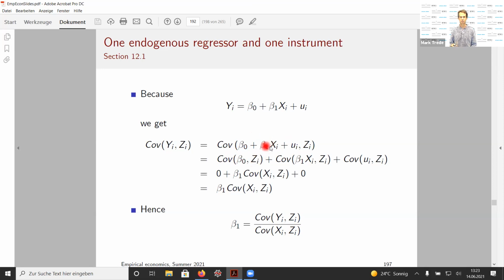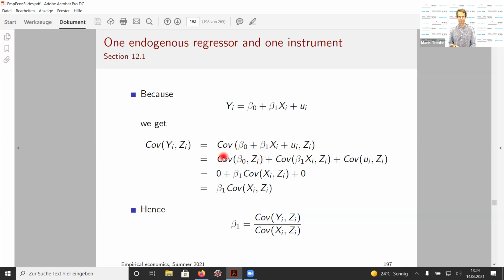Then the covariance between the second summand and the instrument, that's the one here, and the last one. Now we look at each covariance separately. The first covariance is the covariance between a constant, namely the intercept, and a variable. And a constant is constant, it doesn't vary. So there's no covariance because the covariance of a constant is always 0. Otherwise, it wouldn't be constant.